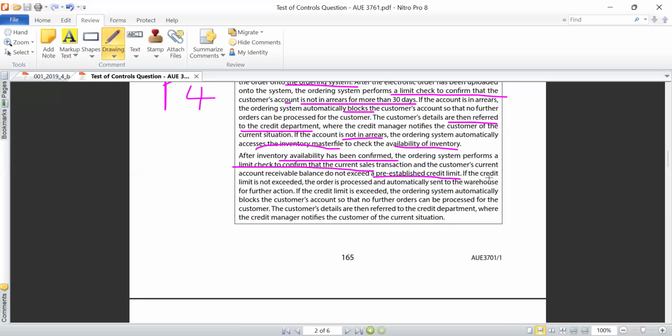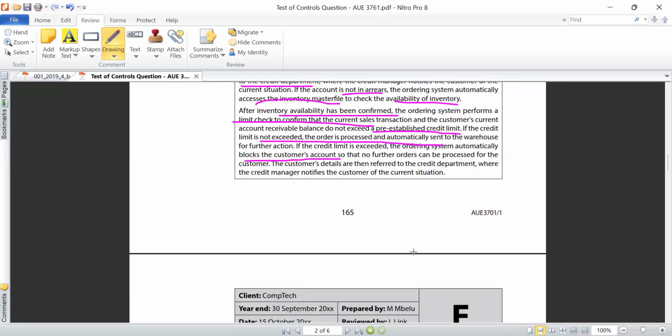If the credit limit is not exceeded, the order is processed and automatically sent to the warehouse for further action. If the credit limit is exceeded, then the ordering system automatically blocks the customer's account so that no further orders can be processed for the customer, and the customer's details are then referred to the credit department, where the credit manager notifies the customer of the current situation.